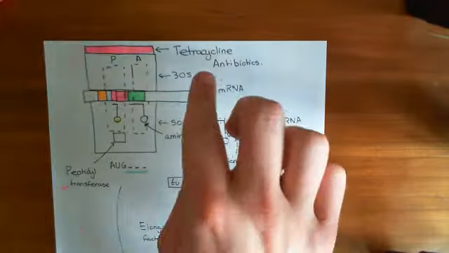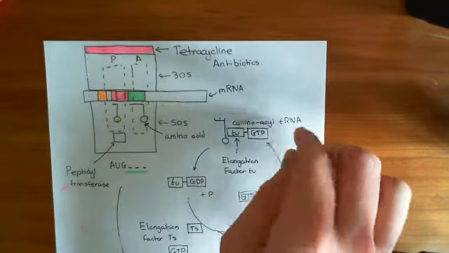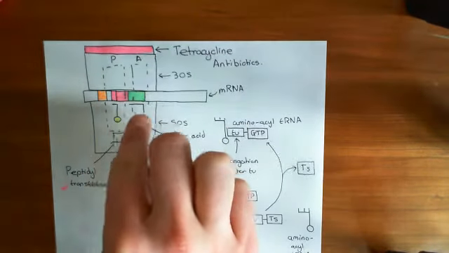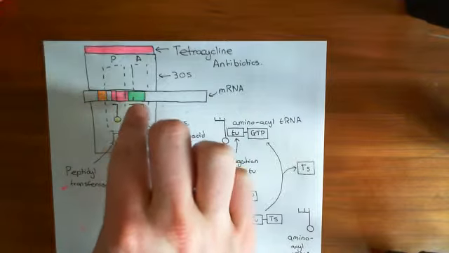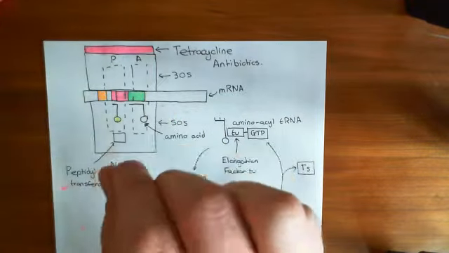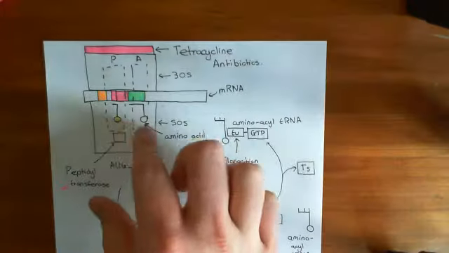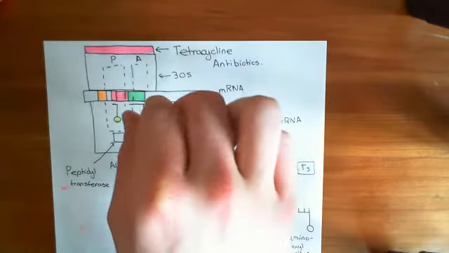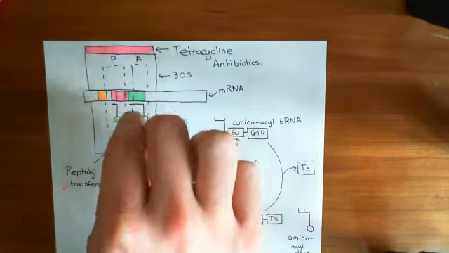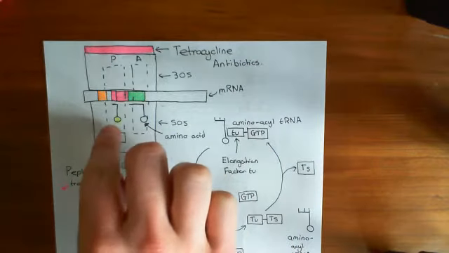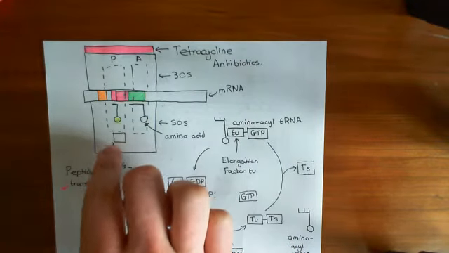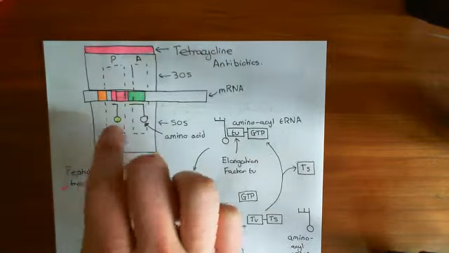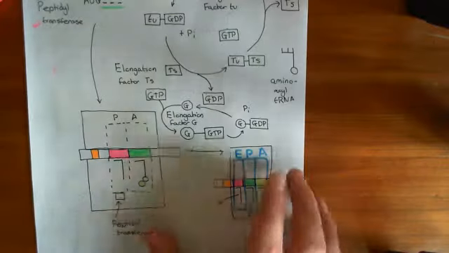So what happens once the tetracycline is bound is the aminoacyl tRNAs with this elongation factor Tu and GTP come into the A site. They do bind to their codon, but the position that the tRNA is held within the ribosome is not correct, because this tRNA needs to be positioned very carefully within the ribosome so that the peptidyl transferase enzyme can move this amino acid here, or this entire peptide chain, if we're talking about a longer version down here.